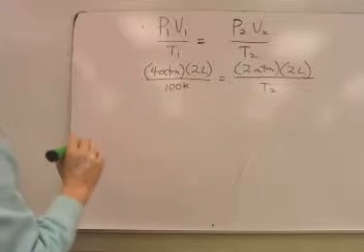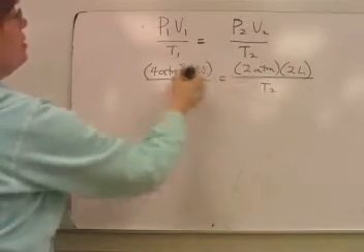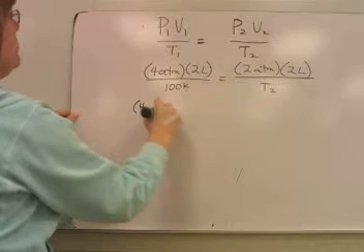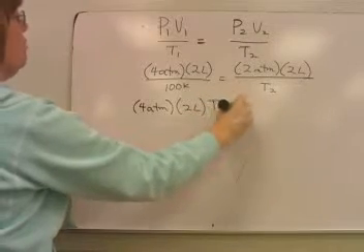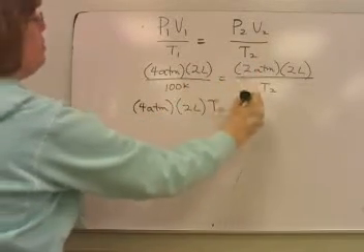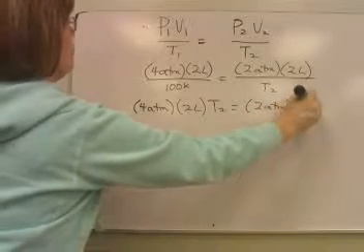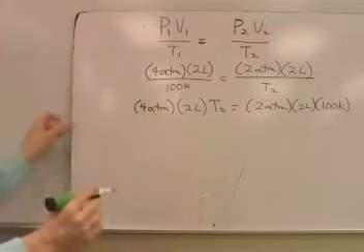All right, so now let's go ahead and cross multiply. So when we cross multiply, we are going to have 4 ATM times 2 liters times the temperature. And then this is going to go up here, so we're going to have 2 ATM times 2 liters times 100 Kelvin.